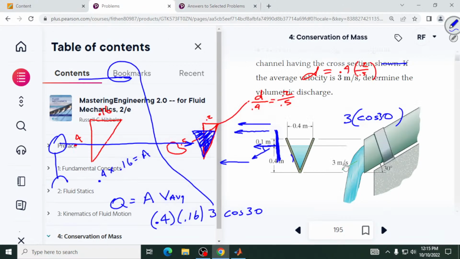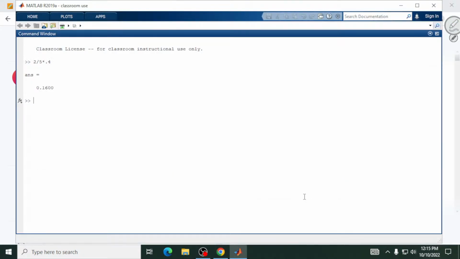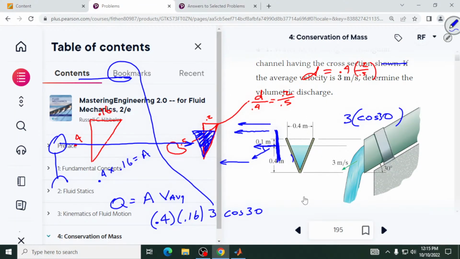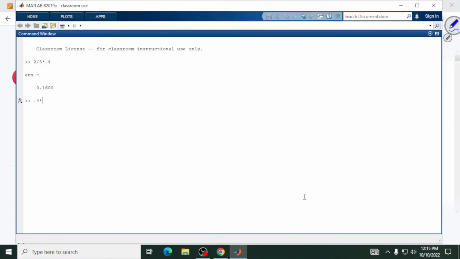Now I probably, okay. 0.4 times, and I've got to keep going back and forth, 0.16 times 3.